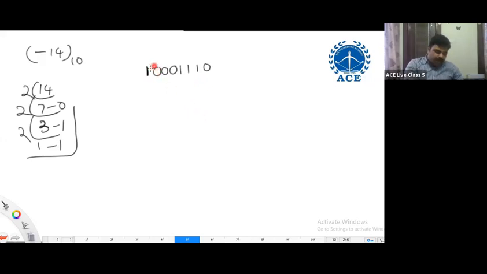Then in the magnitude, I'm appending zeros. Then it is a sign. MSB is sign plus magnitude. Sign is MSB, remaining bits for magnitude. Yes, sir. MSB is 1. Why? Sign is negative. It is minus 14 in signed magnitude.